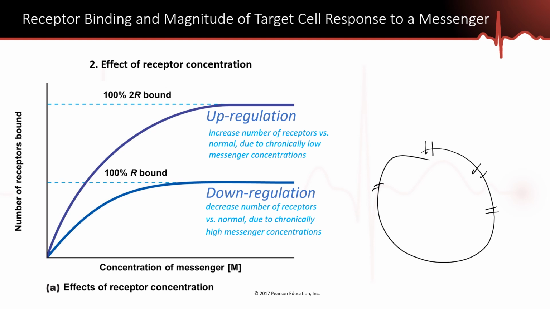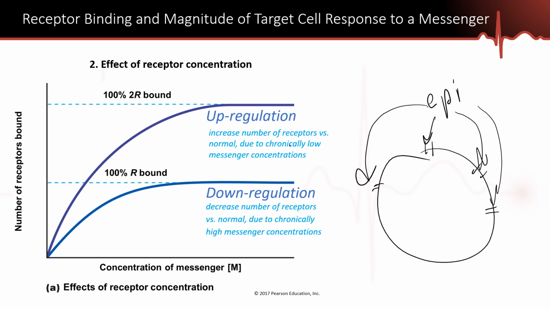It doesn't have very many epinephrine receptors. Okay, I've shown you that this cell only has 4 epinephrine receptors. Then the magnitude of effect that epinephrine can have on this cell is relatively low because there's not actually many receptors for epinephrine located on the cell.